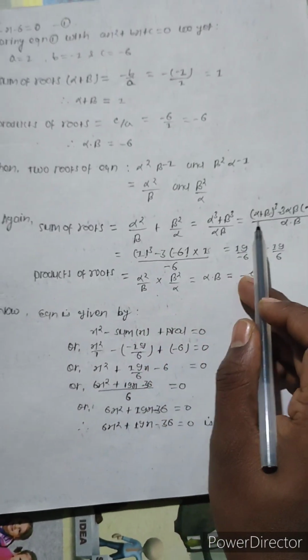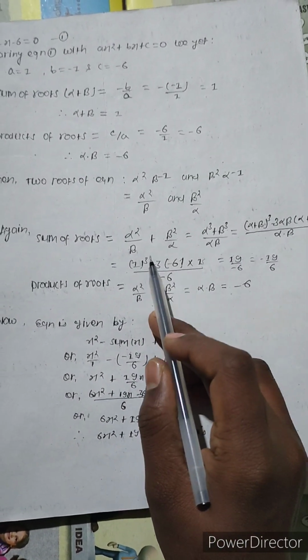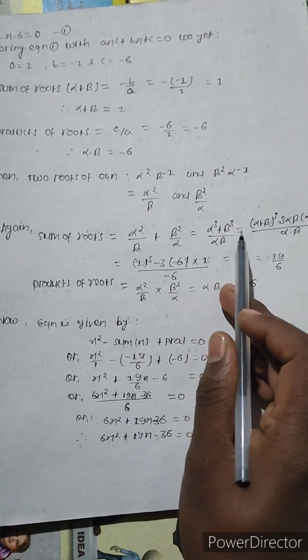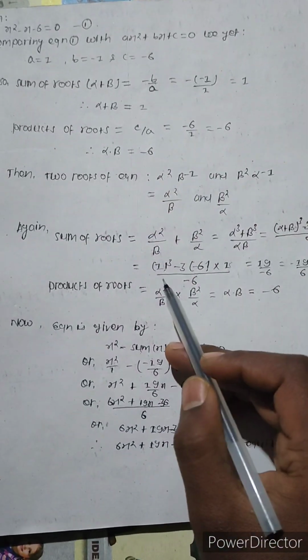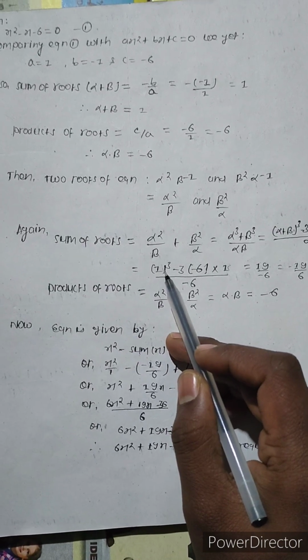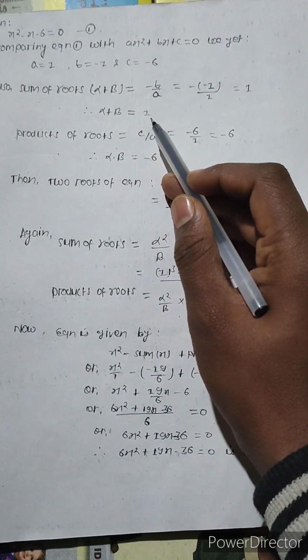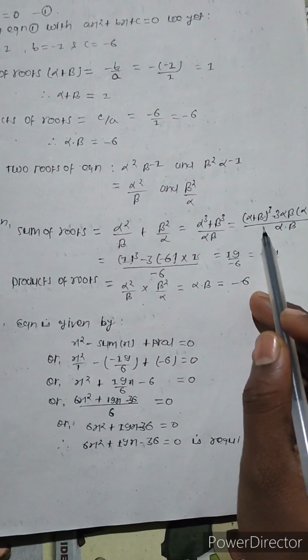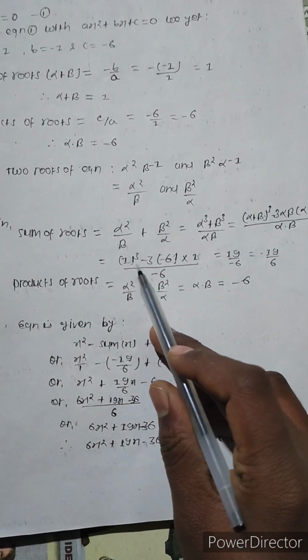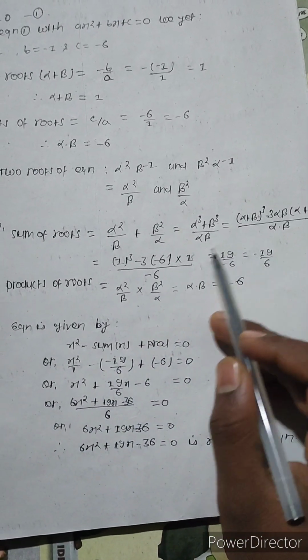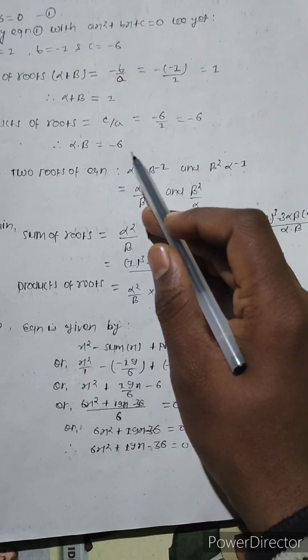Then the value of alpha plus beta is 1, so here we write 1 cube. Then minus 3 times alpha into beta, which is minus 6, times alpha plus beta, which is 1, upon alpha into beta, which is minus 6.